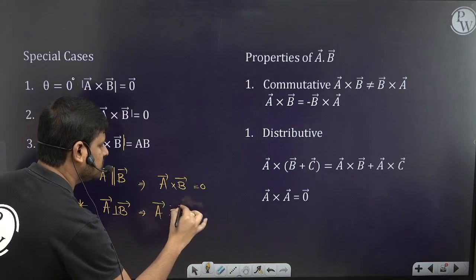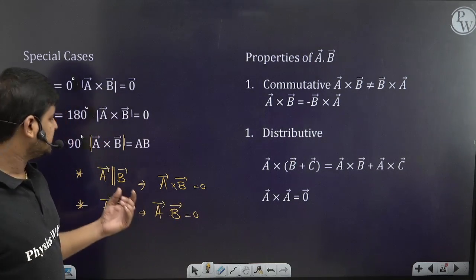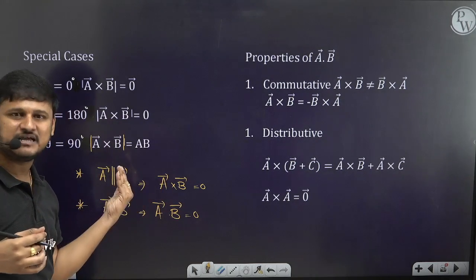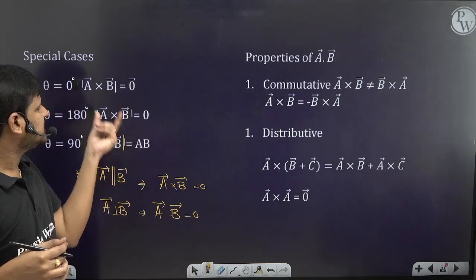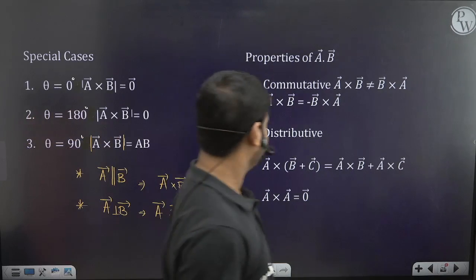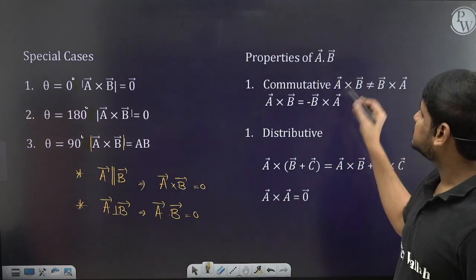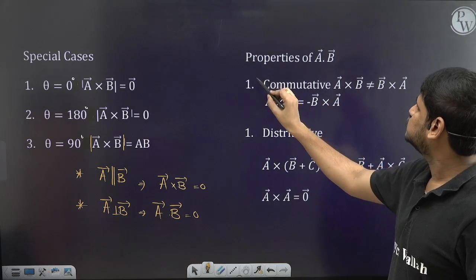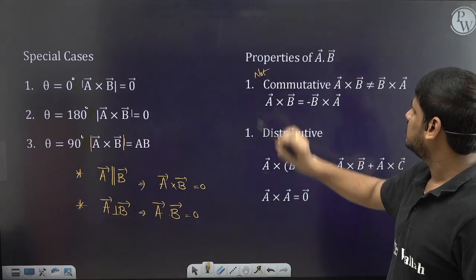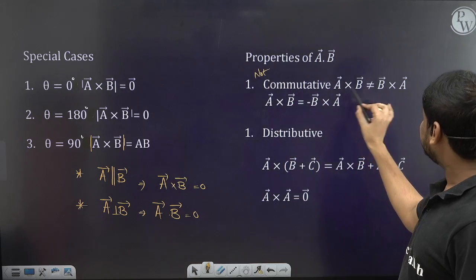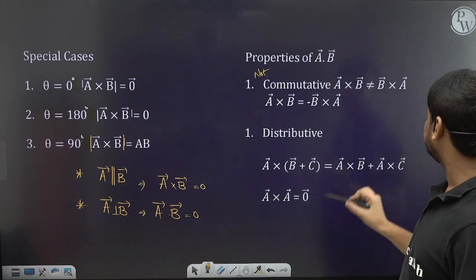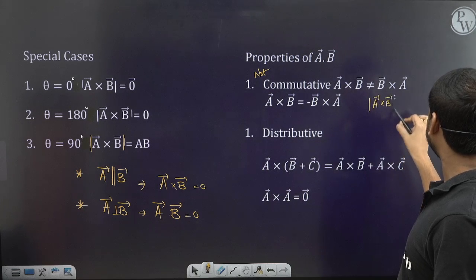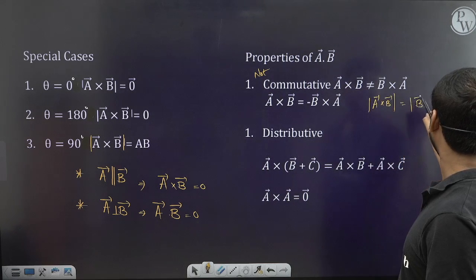Remember this one. Clear? If two vectors are either parallel or anti-parallel, in both cases A cross B is equal to 0. And what are the properties of cross product? It is not commutative. A cross B is not equal to B cross A, but the magnitude of A cross B will be equal to the magnitude of B cross A.